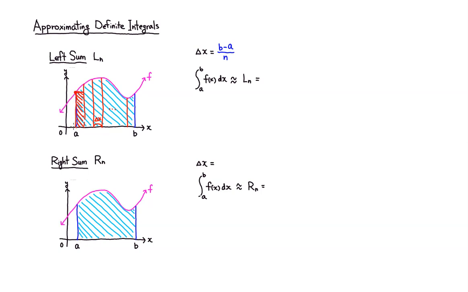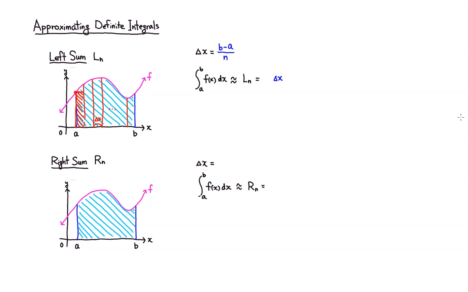The area of this rectangle is fairly easy to find. All you have to do is base times height. The base is delta x, which we already know. Oh, actually, I forgot to name these values.